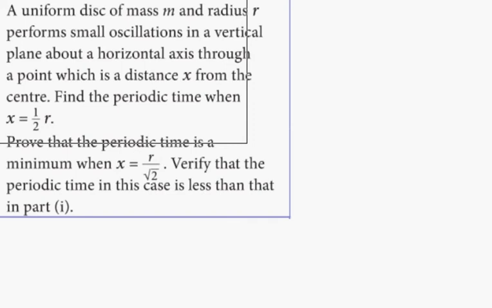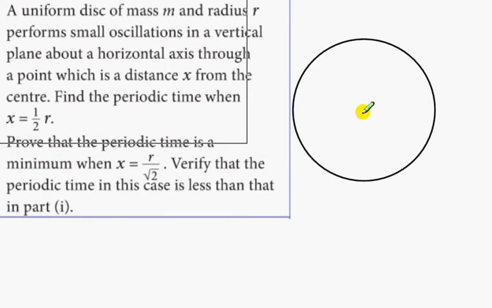What we have here is our circle. Center there, yeah. Now, what's going to happen next, guys, is we're told that it's of mass m and radius r. We'll call this C. It's then oscillating in a vertical axis.